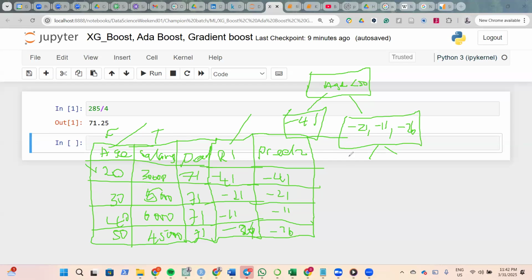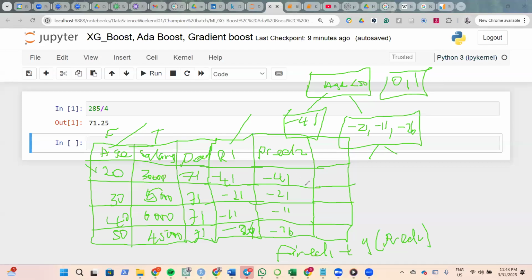And then we're going to have the final prediction. Final prediction is prediction 1 plus learning rate multiplied by residual 2. That's what we know. And so if we take a learning rate of 0.1, multiplied by minus 41, what is that going to give you?